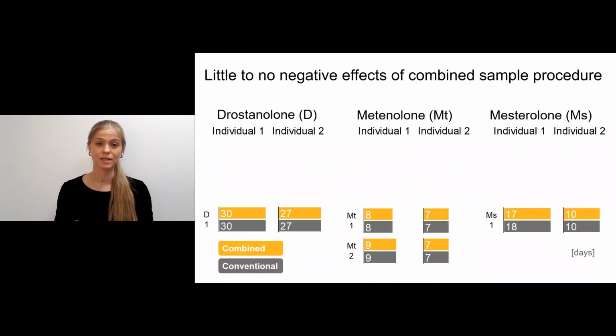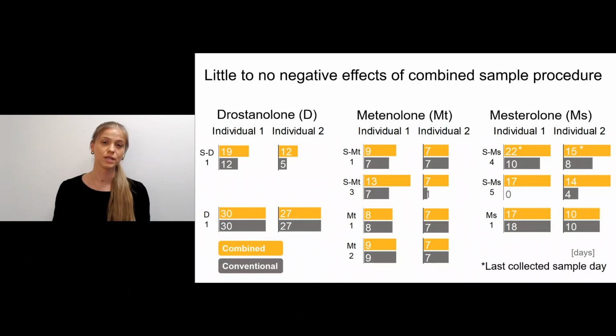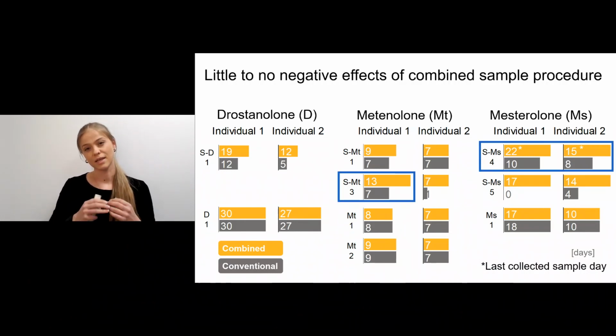And looking at the detection time of the conventional metabolites, you can see that there's no difference between the 2, except in one case. However, when looking at the detection time of the sulfated metabolites, you can see that they extend the detection time, so they counteract that drawback.